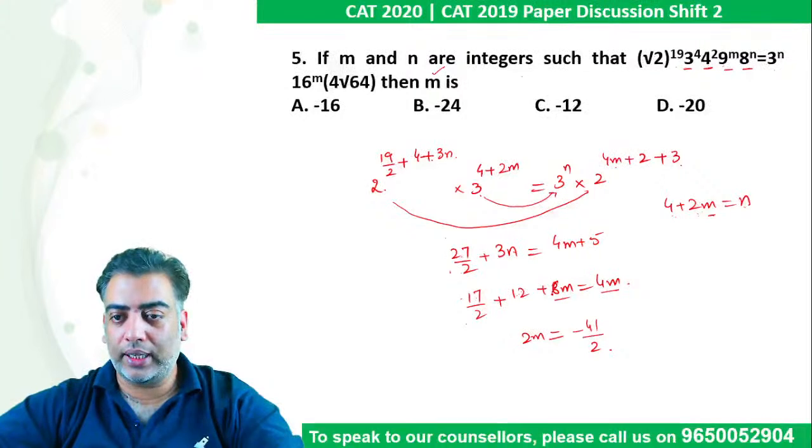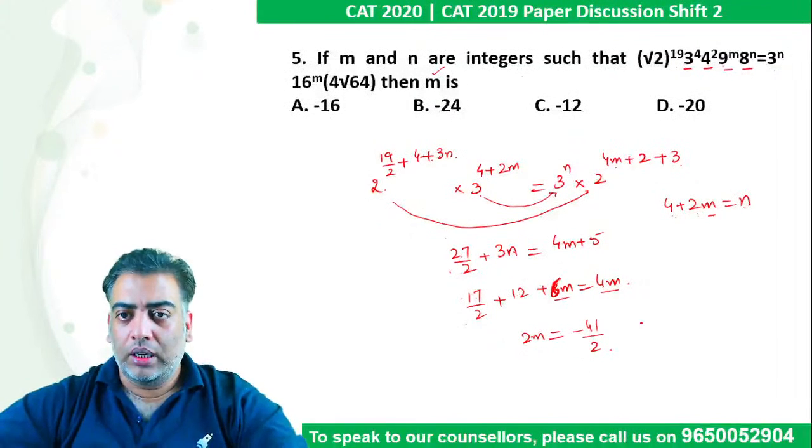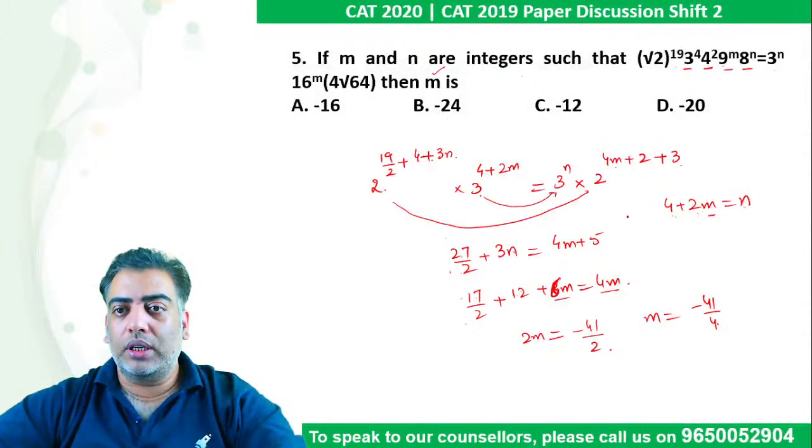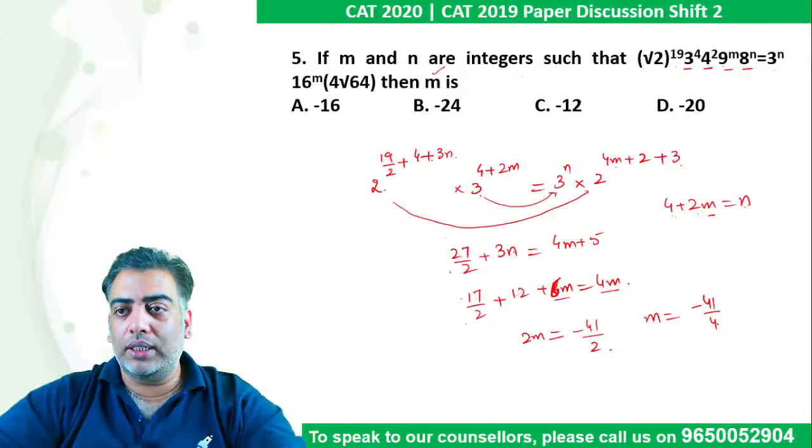So this was 6m, not 8m. So m comes out to be minus 41 upon 4. None of the options is near to this. I think there must be something wrong with the question.